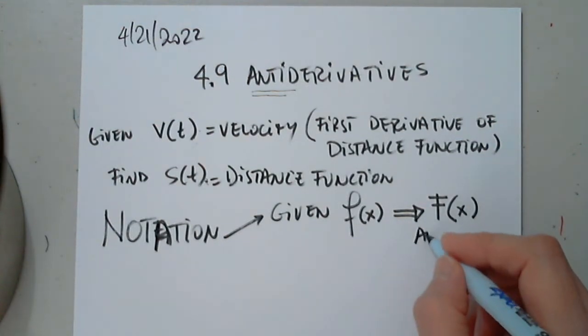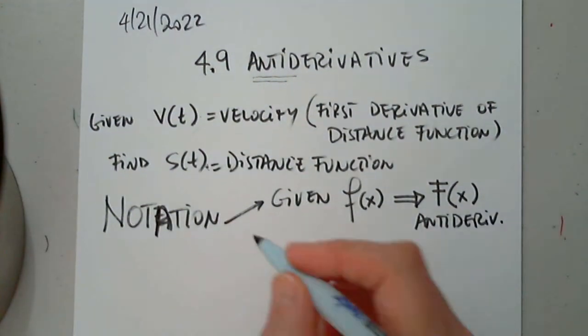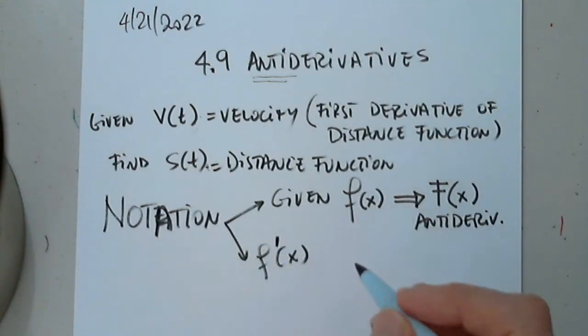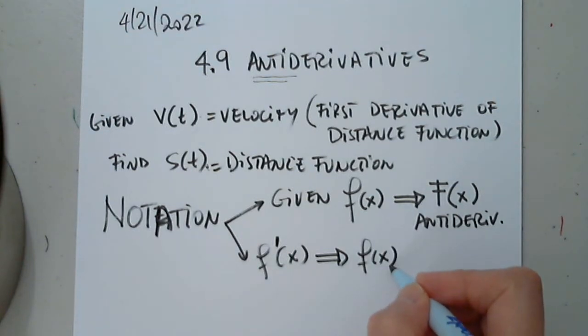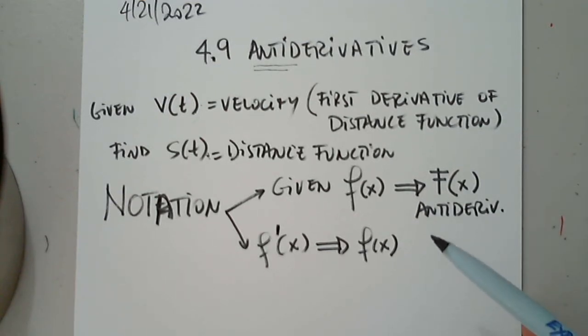This will be the antiderivative. If we are given f prime, then we will find f of x. And you can say, what's the big deal? You will see what's the big deal when we get to a particular section in chapter 5.